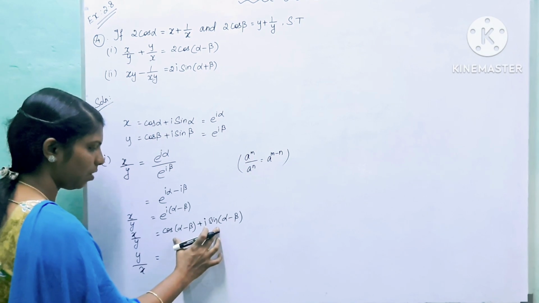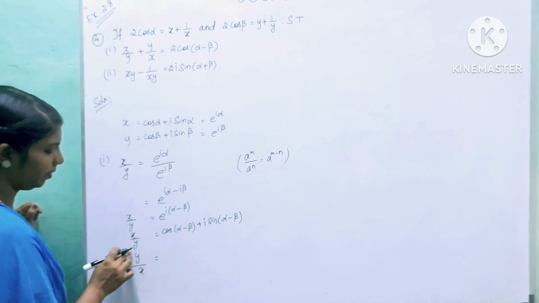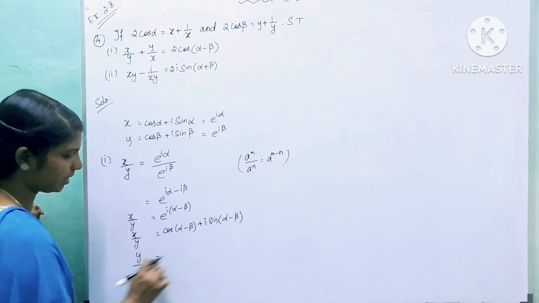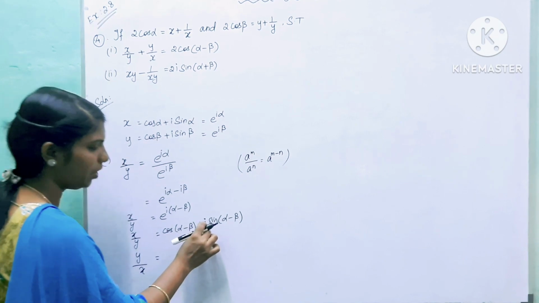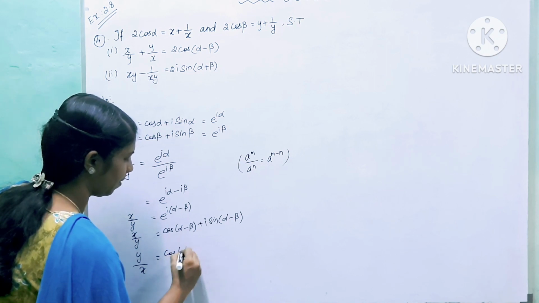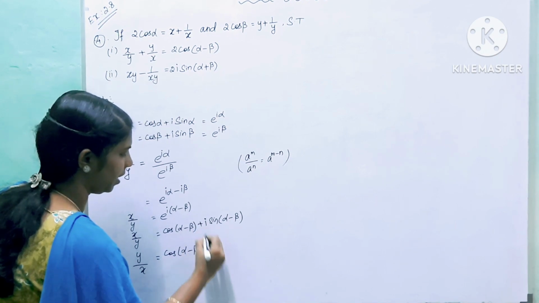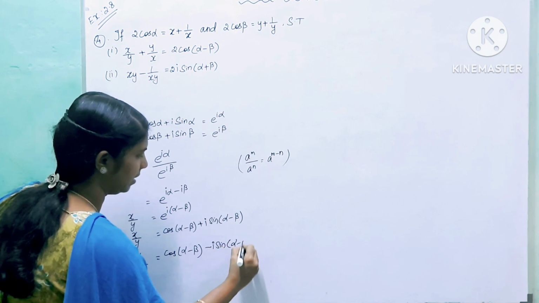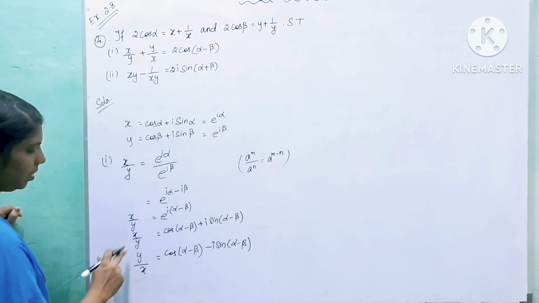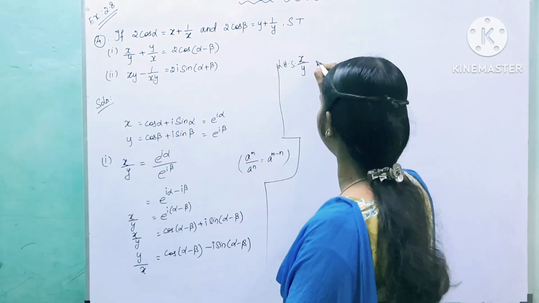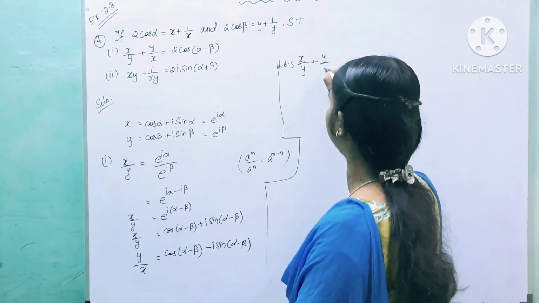So since the modulus of this complex number is 1, the reciprocal of x by y, which is y by x, is nothing but the conjugate of this complex number. So the conjugate is cos alpha minus beta minus i sin alpha minus beta. So this is the reciprocal of this complex number.